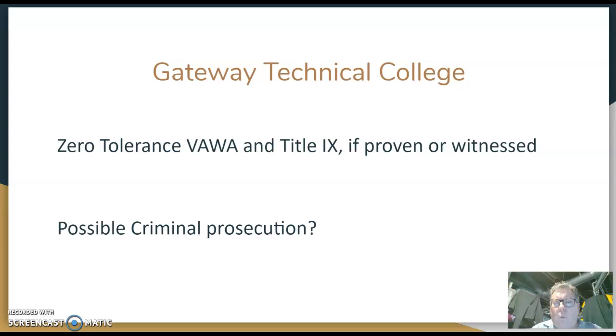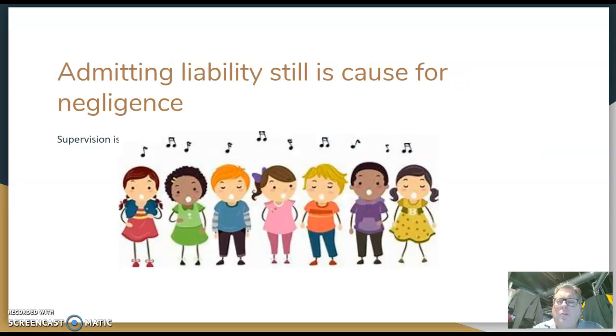If proven, witnessed, and recorded as it should be, this is what our investigators do, of which we have, I think, 3 or 4, and they're very good. It's a confidential investigation. This would immediately go to criminal prosecution when we're dealing again with adults and things of that sort.